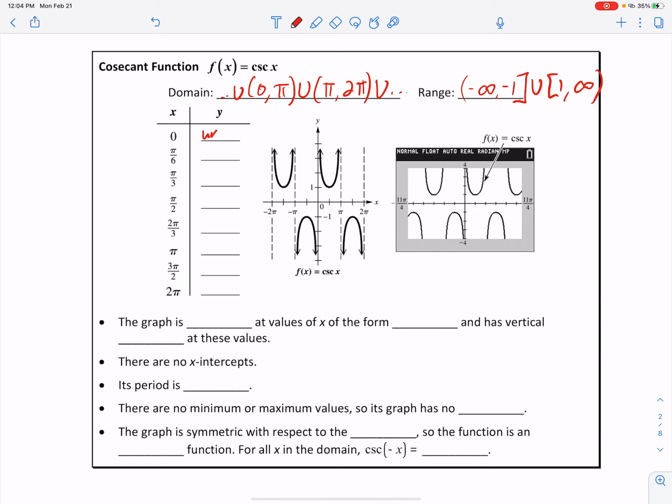All right, we'll fill in all this. Let's go through and get the important parts. At 0 it's undefined. At pi over 2, it is 1. Then pi is undefined, and 2 pi is also undefined.